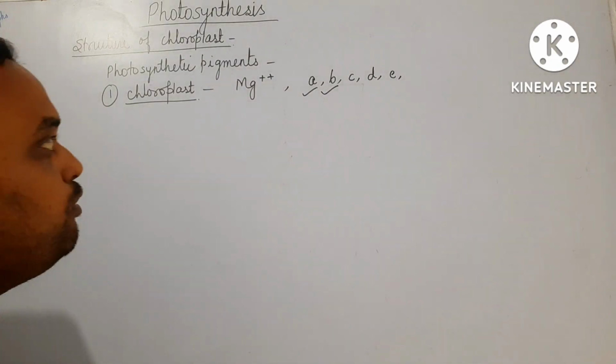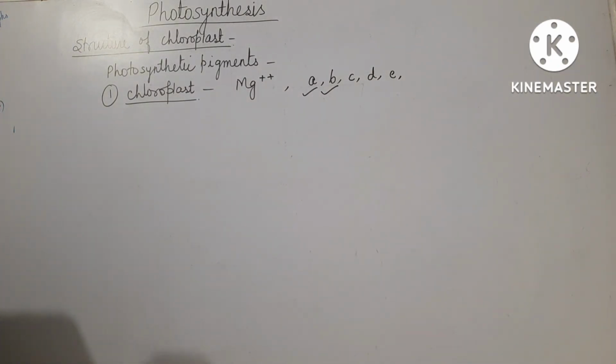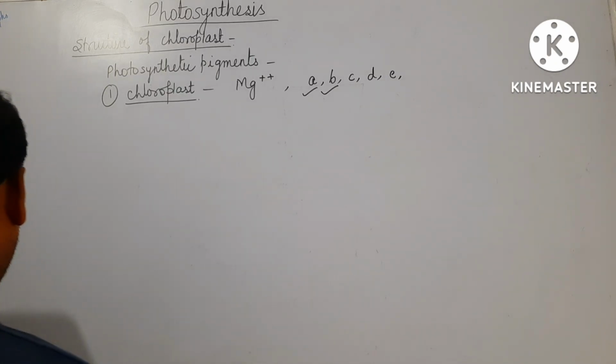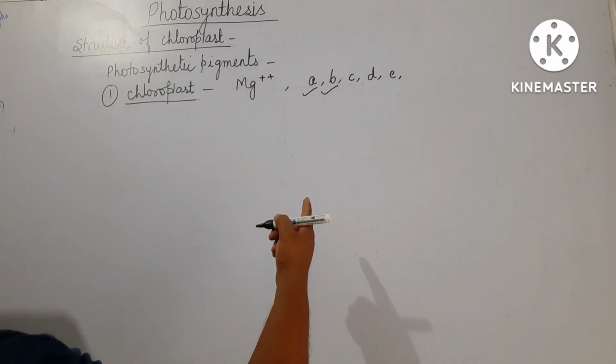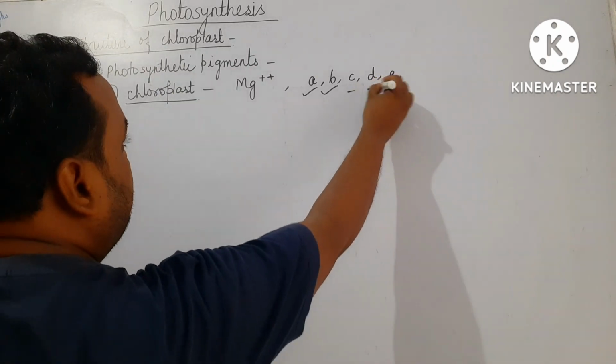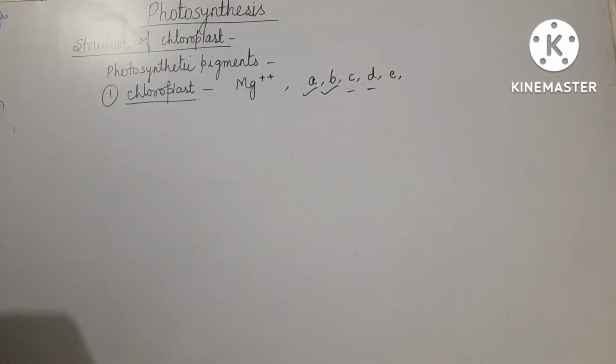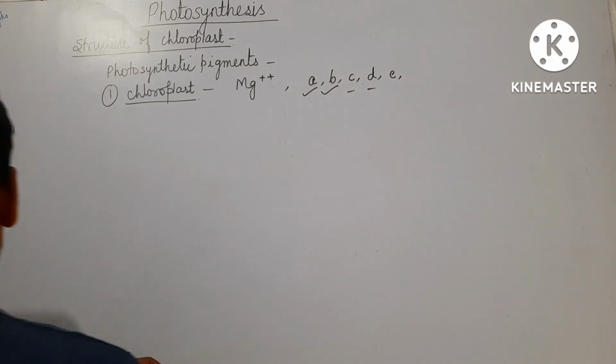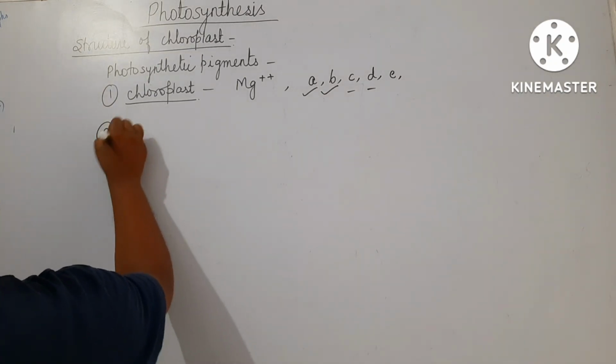So they are the more abundant chlorophylls, that is A and B. Chlorophyll C and D are mostly found in bacterial cells.